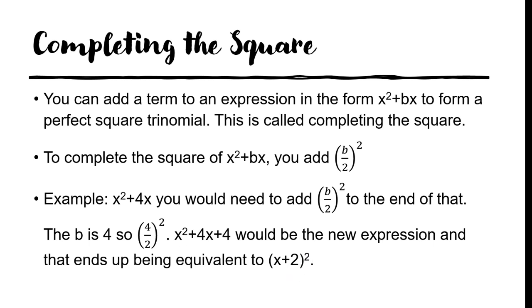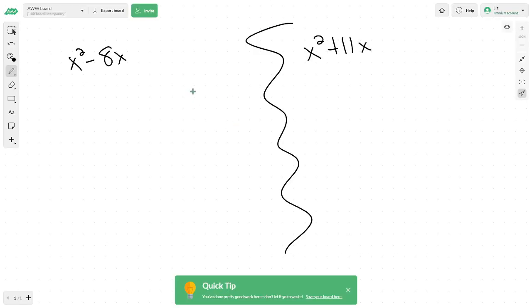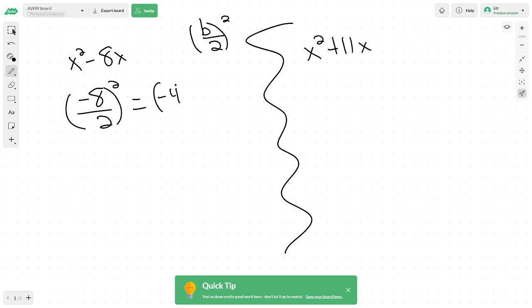Let's look at some more examples here. Alright, so we have x squared minus 8x and x squared plus 11x. So remember, we're looking for b over 2 squared. In this case, our b is negative 8 over 2 squared. Negative 8 over 2 is negative 4.